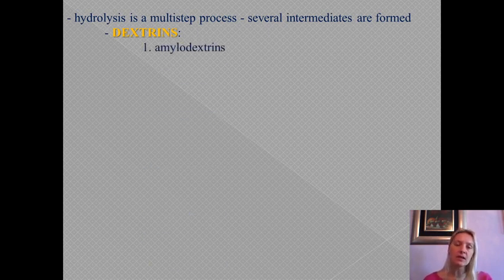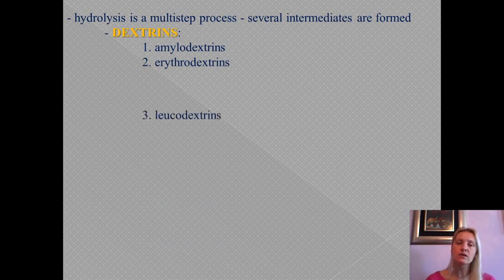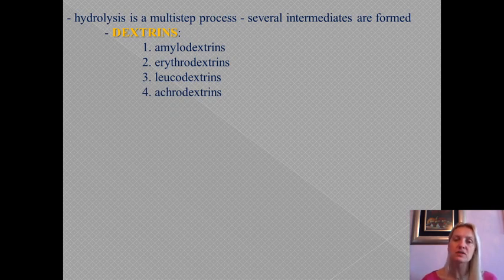So at the beginning, when starch or glycogen starts degrading, amylodextrins are formed with a lower molecular mass, and as the degradation proceeds, erythrodextrins are formed, leukodextrins are formed, and acrodextrins are formed.